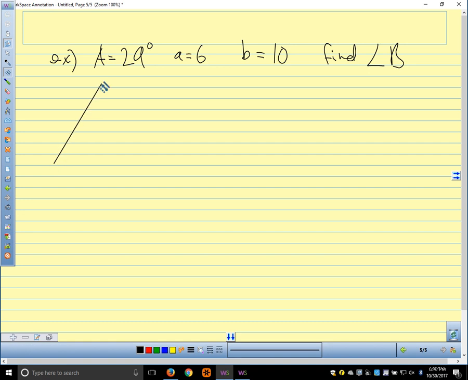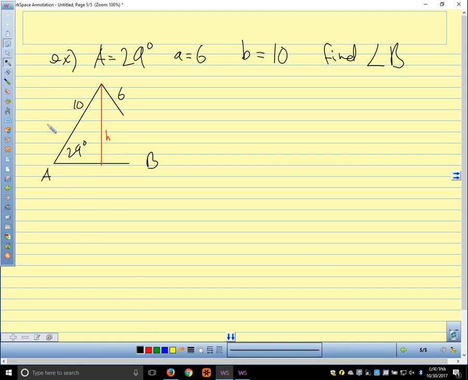I forgot to mention at the beginning, we're also going to learn a new formula for the area of a triangle today. This is 6, this is 10, and our possible angle B is down over here somewhere, if it works. So we're going to calculate our height.